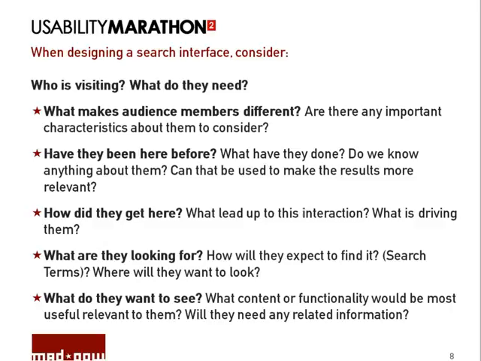Also, where will they want to look? Like I mentioned before, there's a lot of information out there. Consider that people might want to shape the confines of the information space and define where they want to look, what types of documents they want retrieved, what sites they want to be searched, and things like that.